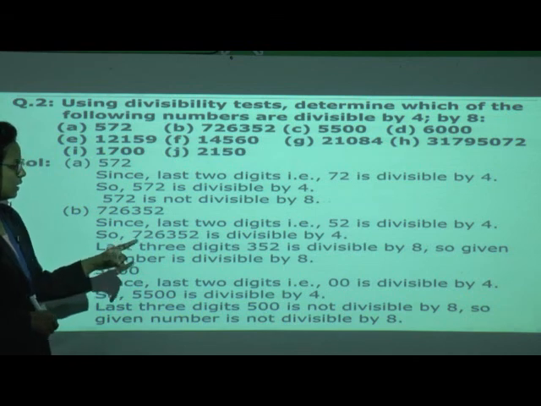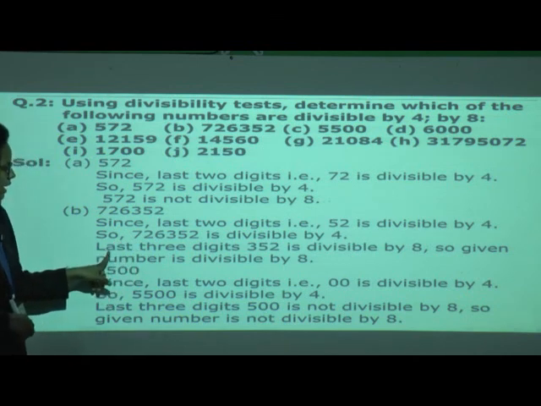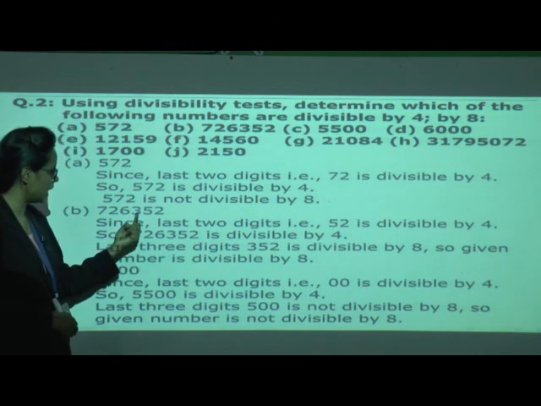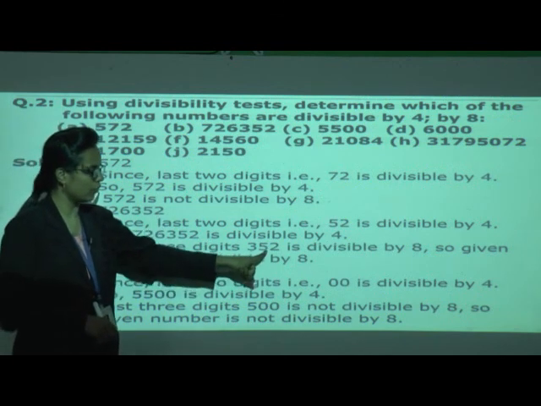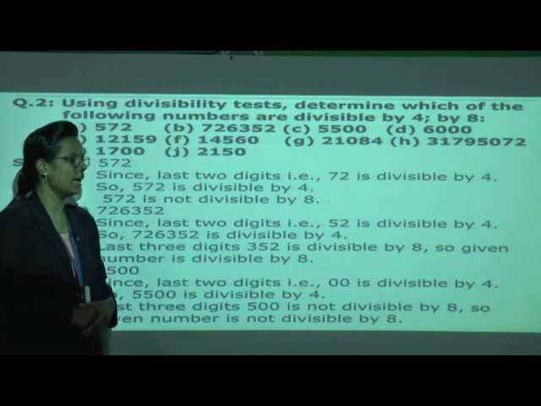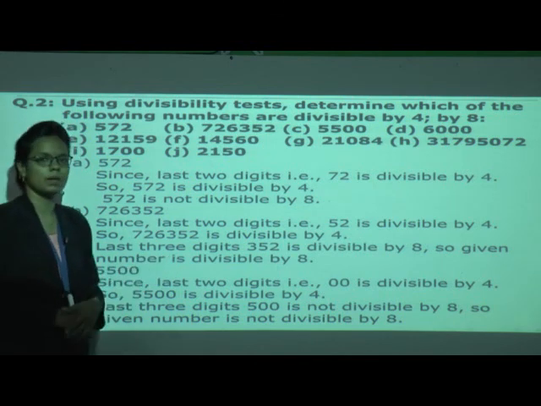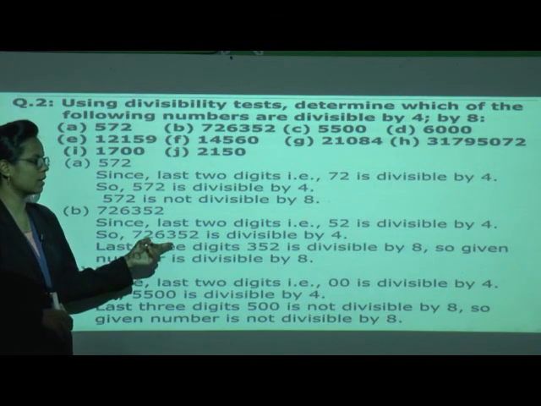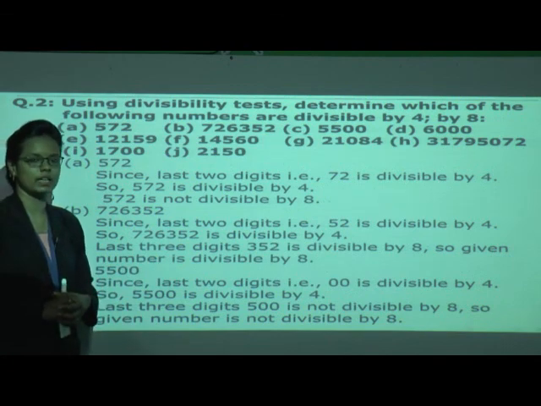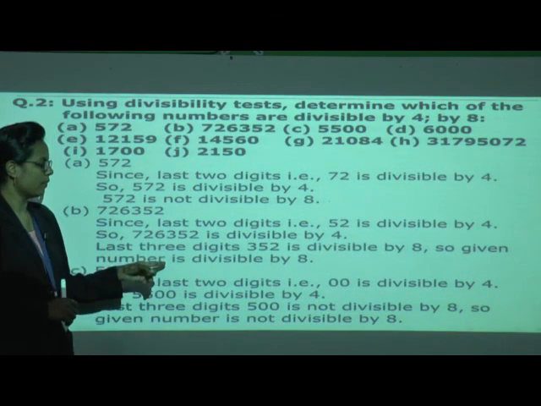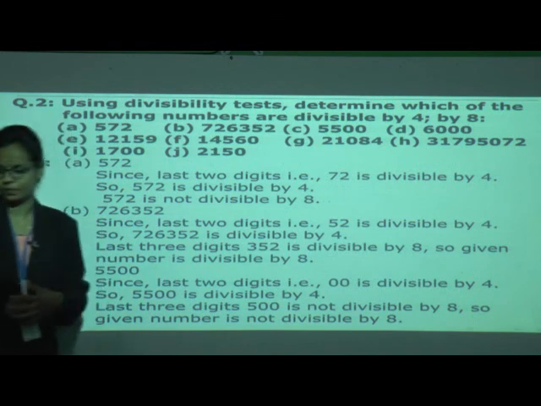Let us find the divisibility for 8. The last three digits are 352. 352 is divisible by 8. So the given number is divisible by 8.